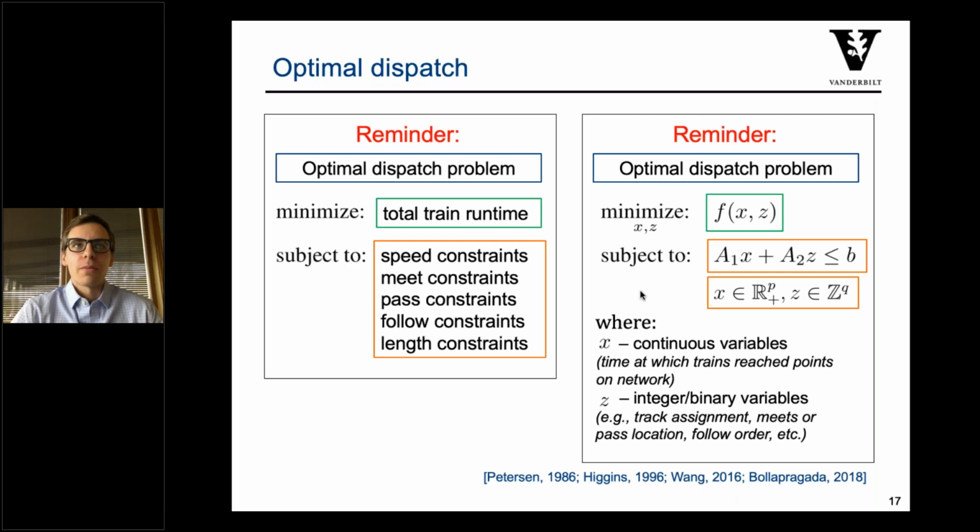And when we put this in mathematical terms, we are minimizing some function. In this case, of course, we use f, and f is just a function of our continuous variables and integer or binary variables, which describe train movements. So we're minimizing that function f, and we subject that to some linear algebra here, which is just the standard notation for identifying constraints.